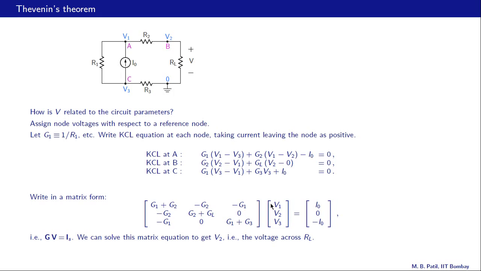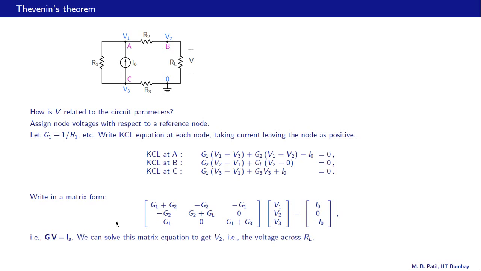What about V2? The coefficient is minus G2, so that goes there, and that multiplies V2. And the coefficient of V3 is minus G1, so that goes over there. In addition, we have minus I0 over here, and since that does not depend on V1, V2 or V3, we take that to the right hand side, so it becomes plus I0, and that is how it appears here.